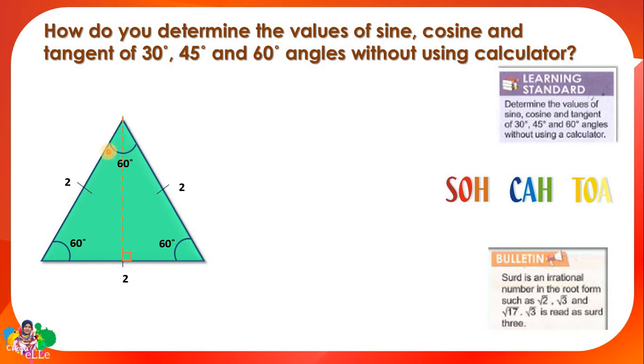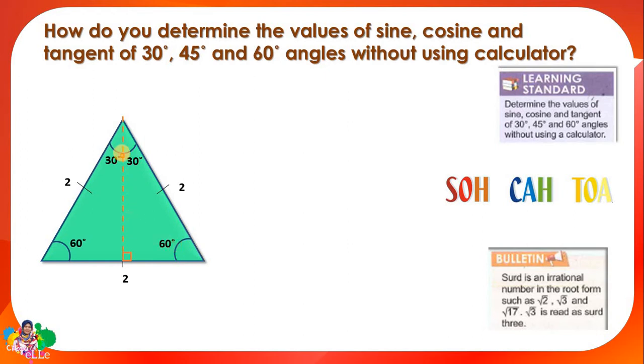Bisect the angle means that it divides this angle into two equal parts. So you have angle 30 and angle 30. Now you have this right angle triangle. By using this right angle triangle, you can find trigonometric ratio for angle 30 degrees and 60 degrees.